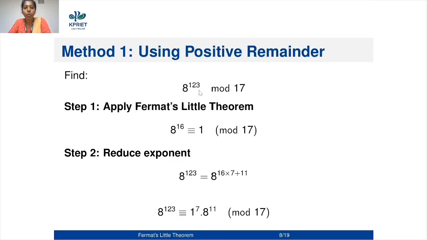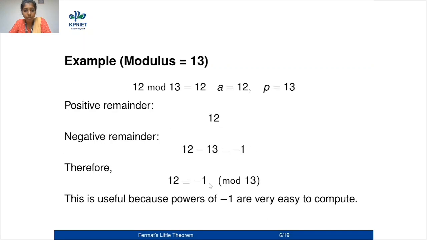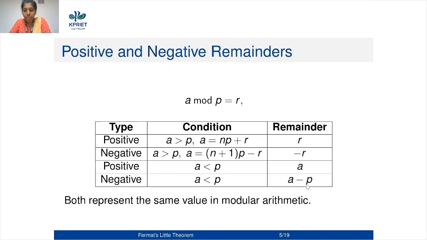So to solve this, I am going to start with the power of 8 as 1. So I have a remainder of 8 when this number is divided by 17. I know my a is 8 and my prime number p is 17. So my a is less than my prime number p. So for this case, the formula is a minus p.